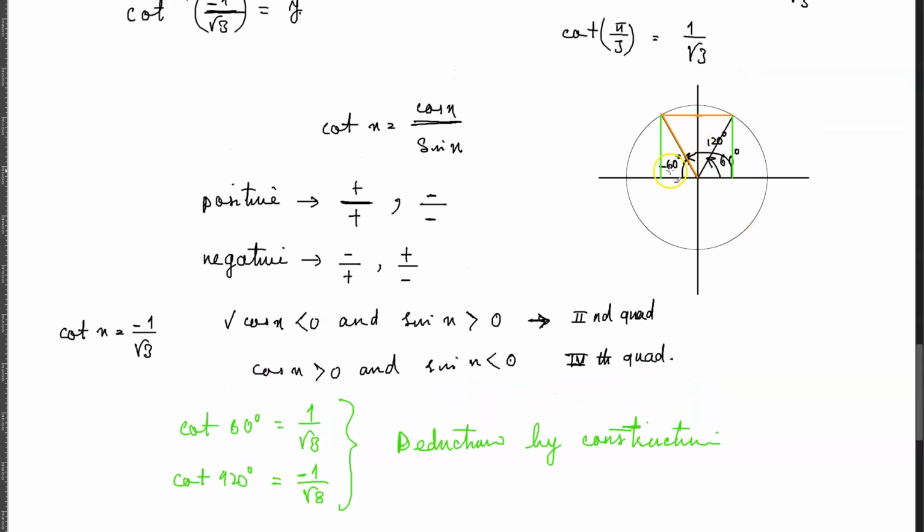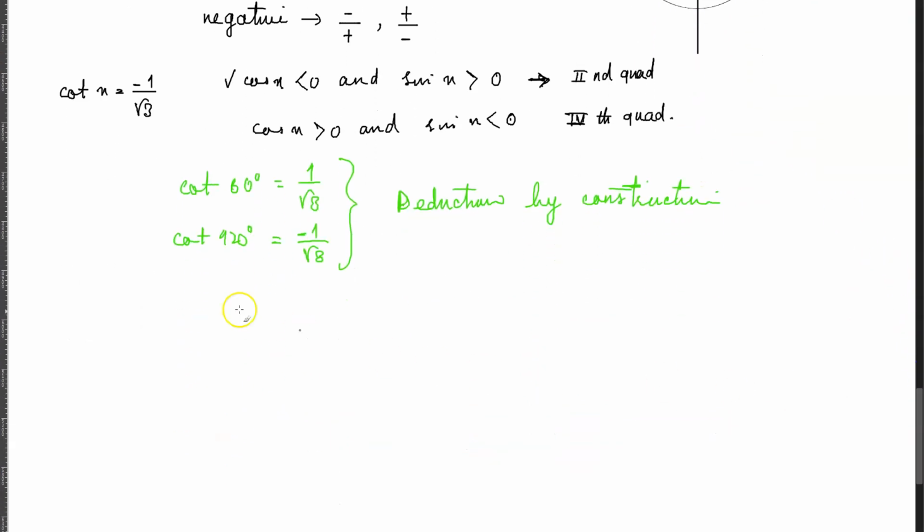Now, what is 120 degrees in radians? If you want to convert that to radians, you know that pi radians is the same thing as 180 degrees, right?